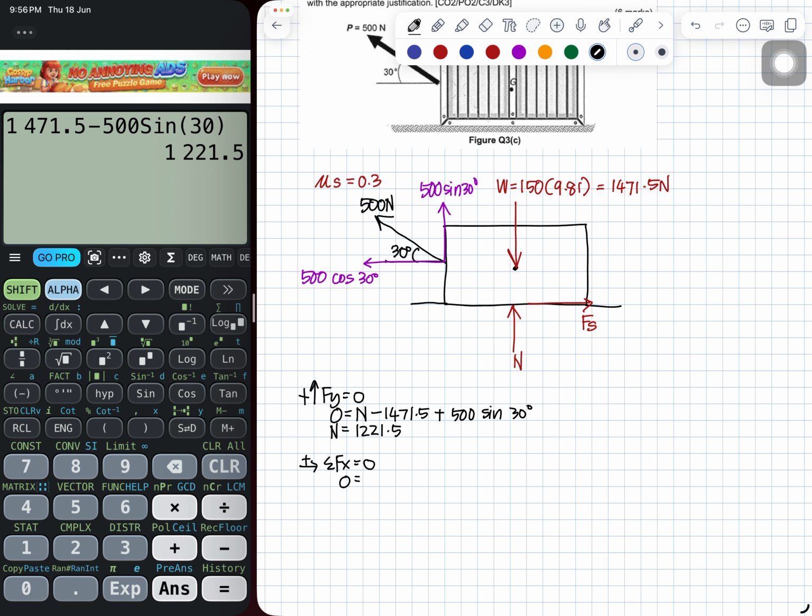Okay, then we have summation of Fx equals 0. So we have Fs here equals mu S N, so 0.3 times N, we already have the N value, so substitute the value of Fs, and then we have minus 500 cos 30.